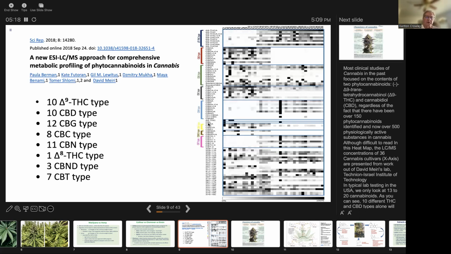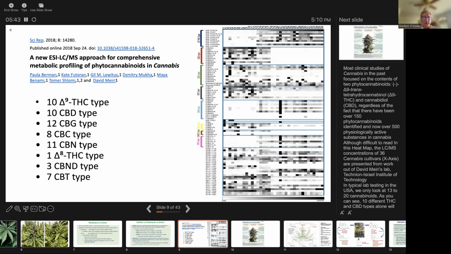Typical testing in the US just 2 years ago was 9 to 13. Now some cannabis labs are testing as many as 23 phytocannabinoids, partly because there aren't a lot of standard references, but that is changing rapidly.